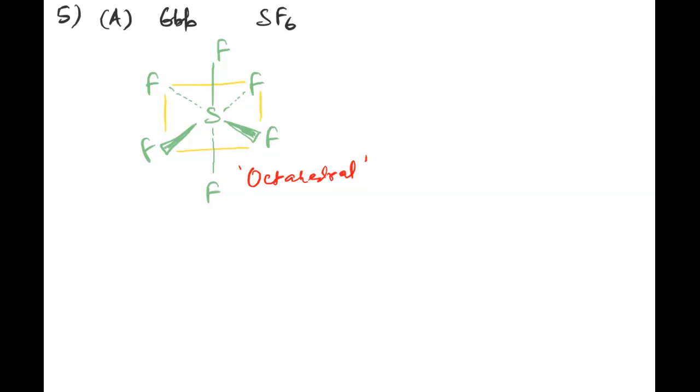There is no equatorial position, no separate axial position here. And as far as bond angles are concerned, the bond angle can be 90 degrees here, and 180 degrees here. So there is no equatorial, no axial position. The shape is found to be symmetric.